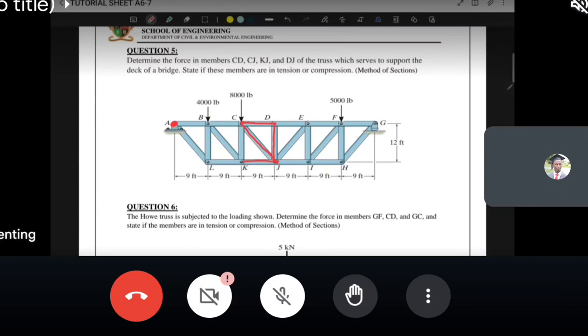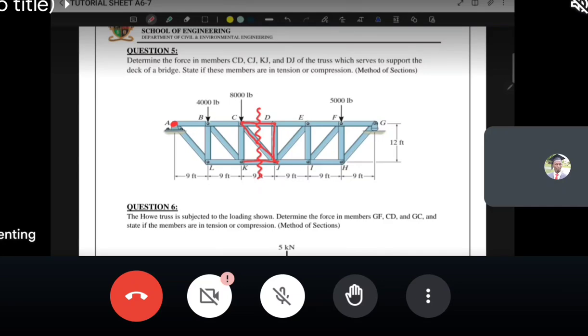So how does the method of sections work? Depending on what you're trying to do, sometimes it's not necessary to understand the reaction forces, but in this case, the section we pick has to be such that it exposes the members we are targeting. In this case, we are targeting CD, CJ, KJ, and DJ.